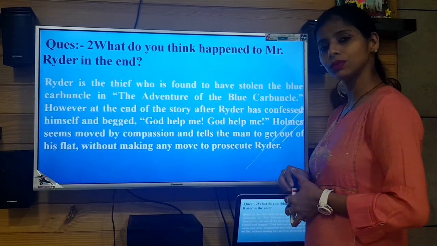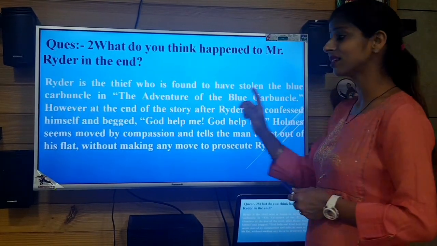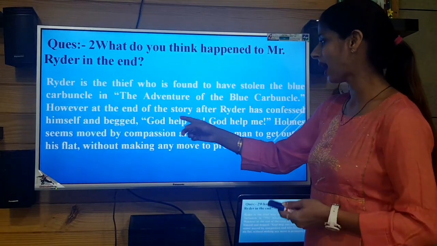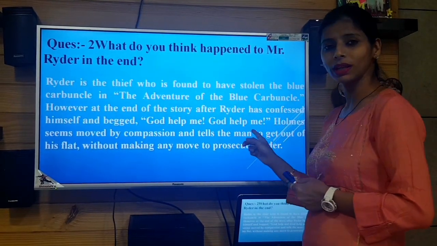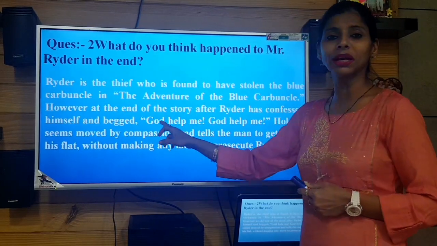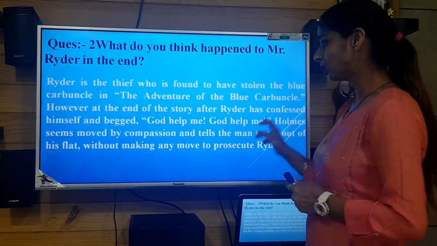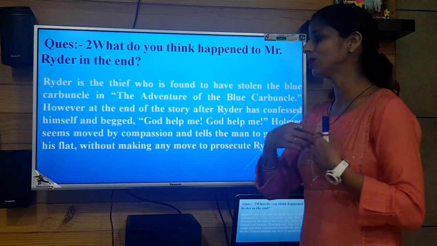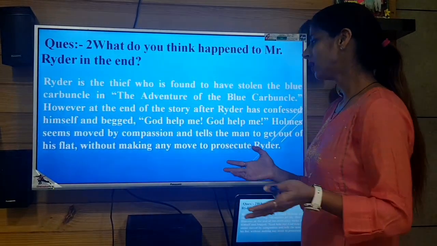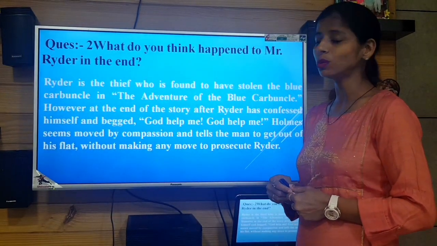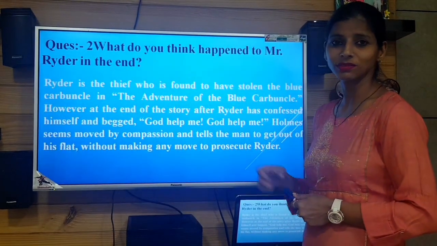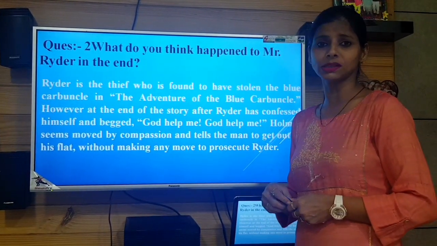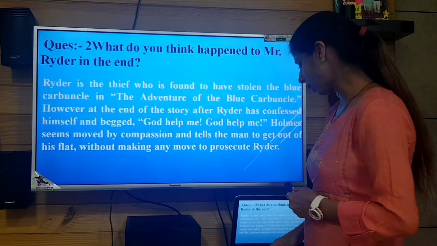However, at the end of the story, after Ryder has confessed and begged for mercy, begged "God help me, God help me", you can use "begged for mercy", Holmes seems moved by compassion and tells the man to get out of his flat without making any move to prosecute Ryder, without doing anything to send him to prison, right? So this was the answer to question number 2.